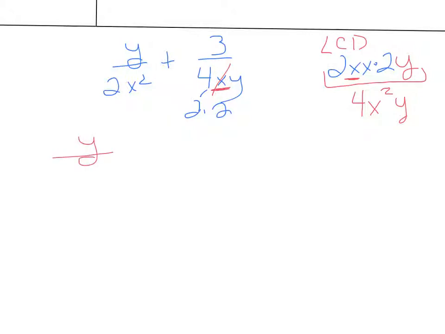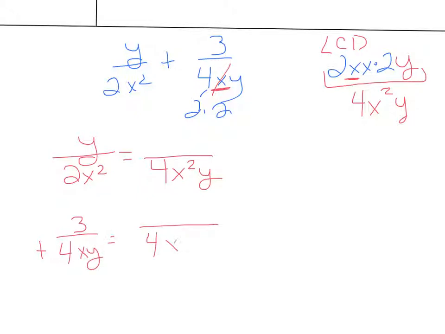So I'm going to do this vertically this time. This new denominator will be 4x squared y. And this is an add. All right, to change these denominators, a lot of people like to think about, okay, what's missing when you go from here to here?